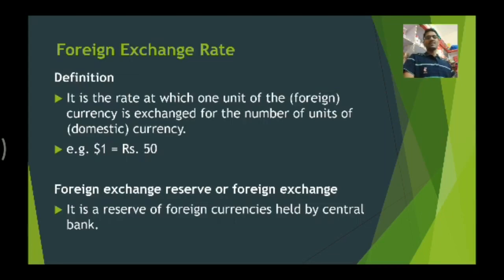Okay. Now another definition which is required here is the definition of foreign exchange reserve or foreign exchange. They are the same. Actually sometimes they ask what is foreign exchange and what is foreign exchange reserve. In short, we call it forex also. So it is a reserve of foreign currencies which is held by the central bank of a country. As we have already studied in money and banking, one of the functions of RBI, Central Bank of India, is custodian of foreign exchange reserves.